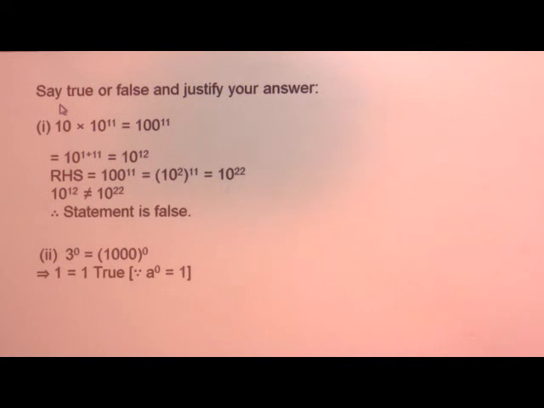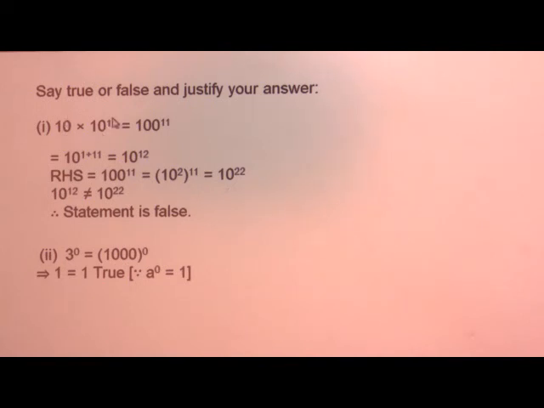Here 10 has nothing but 1 as a power. So, we write 11 here. Step by step we will see: 10 raised to 1 plus 11, because both the bases are same.